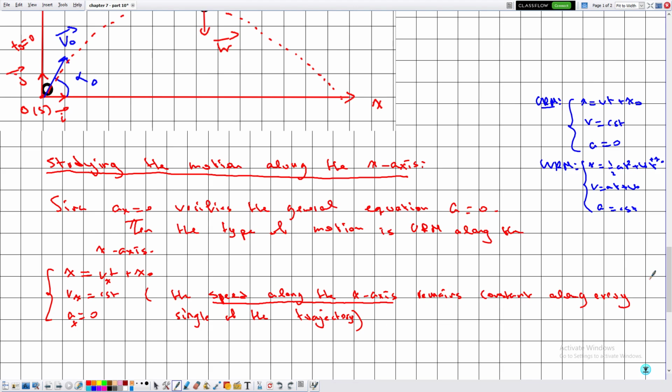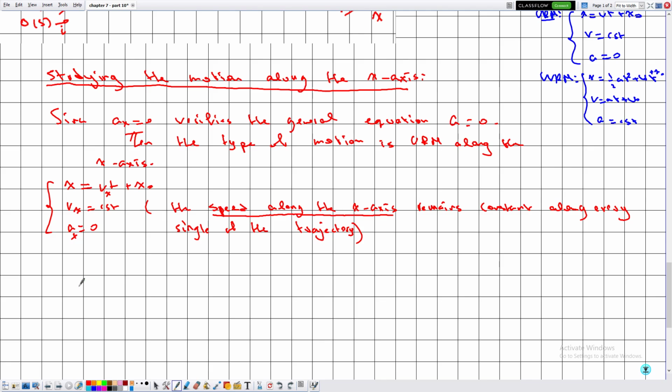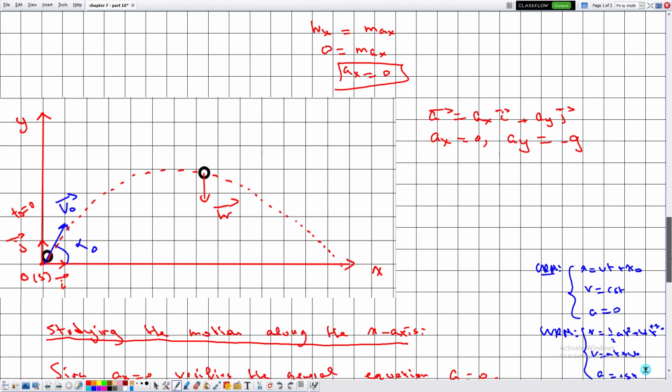Okay, so vx is equal to constant, then it can be determined by referring to any instant of the trajectory, and in particular we can refer to the initial instant, which is given by t0.